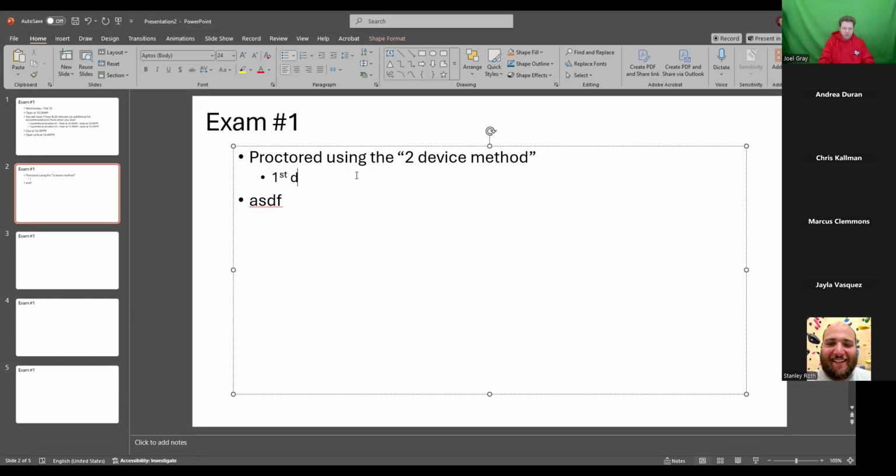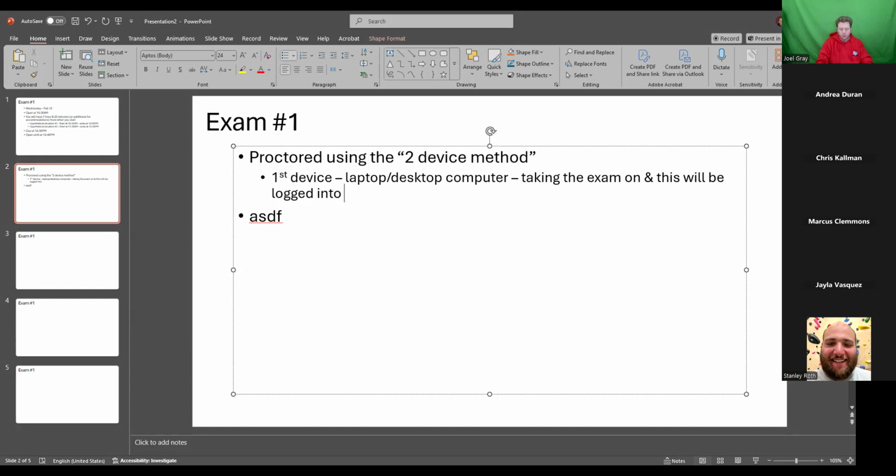Your first device is going to be your laptop or desktop computer that you are going to be taking the exam on. And since you're taking the exam on this, this is the device that will be logged into Proctorio.